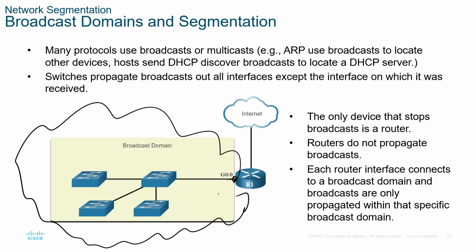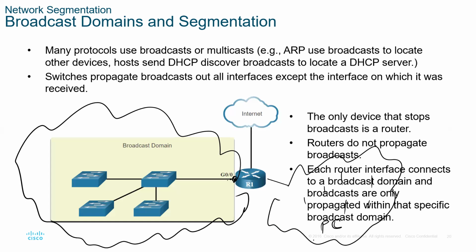A broadcast domain is a domain where if a broadcast is sent in that network, then every device in that broadcast domain will receive that message. If I have another interface here, it will mean I have another broadcast domain. If a PC in this broadcast domain sends a broadcast, every PC in this broadcast domain gets the message. That is what a broadcast domain is.